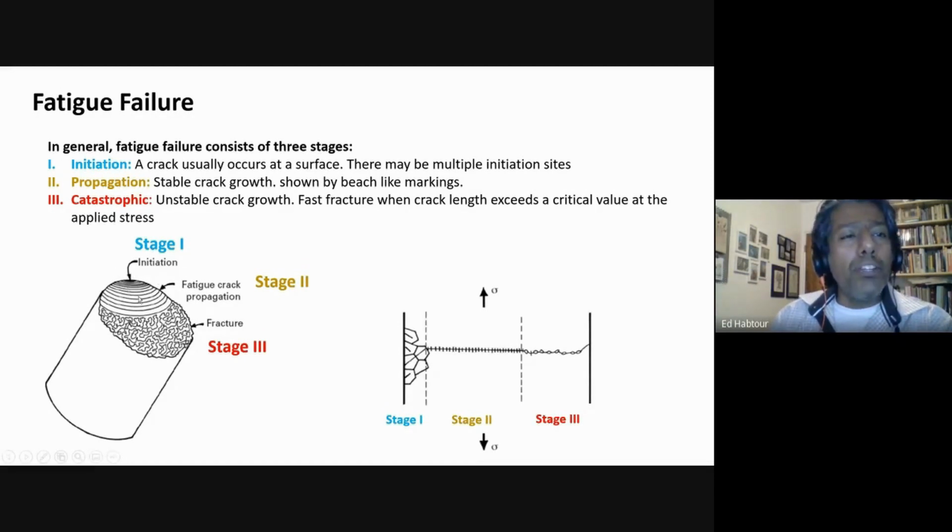In the propagation process, after the material completely fractures, you see the wave effect, a kind of graceful, slow damage. And then stage 3 is the fracture, which is a catastrophic and, most of the time, sudden failure.